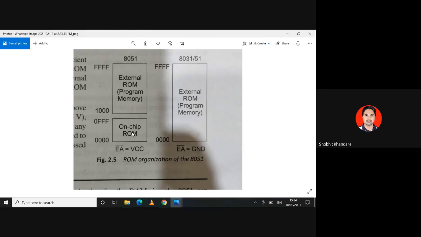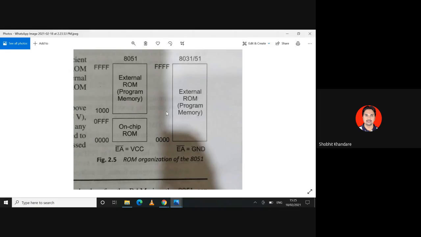So when EA bar is equals to 1, that time you can access 4 kilobyte of on chip ROM, as well as if you want to access more than that, you can also access external ROM of 60K. ये 60 plus 4 gives you 64. Okay.